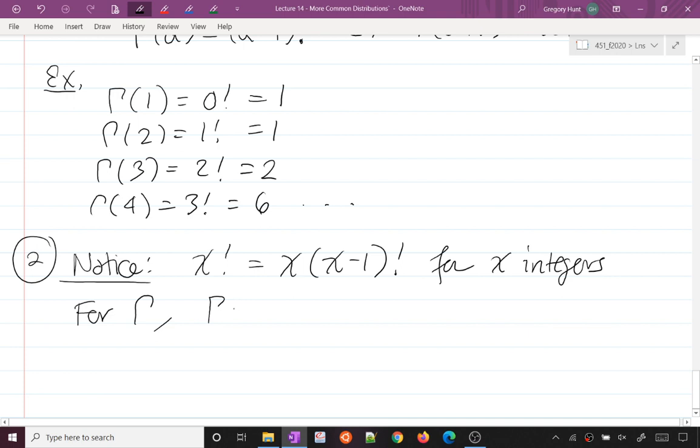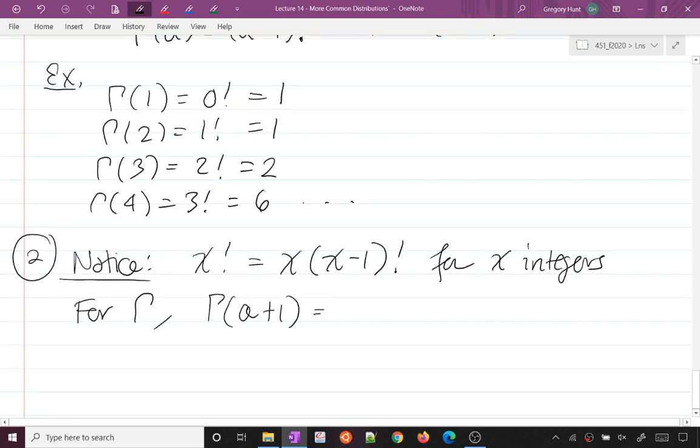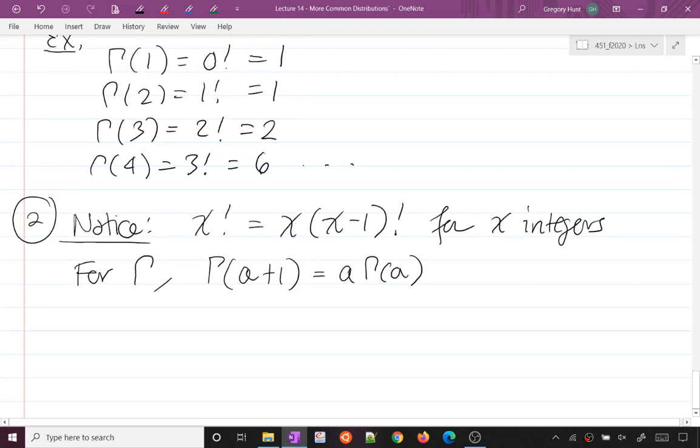But for gamma, you could always write gamma of, let's say, a plus 1. Gamma of a plus 1 is a times gamma of a. So it's a similar kind of statement, right?